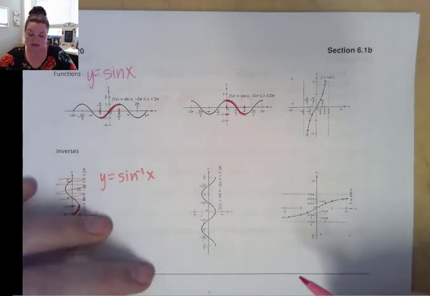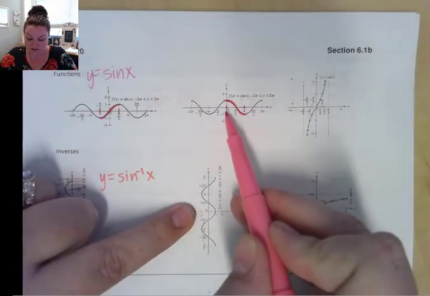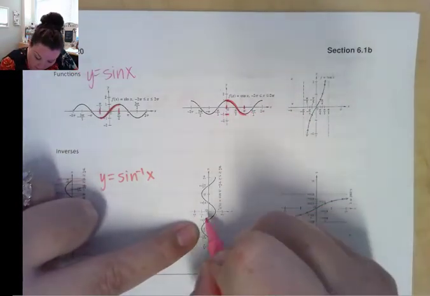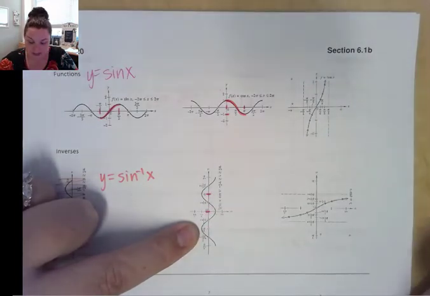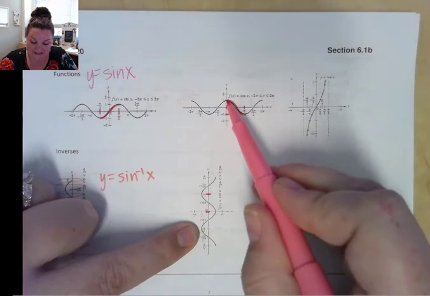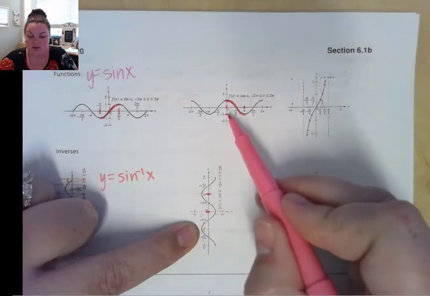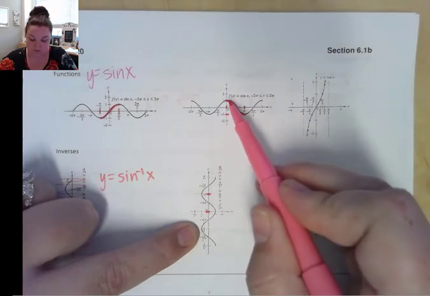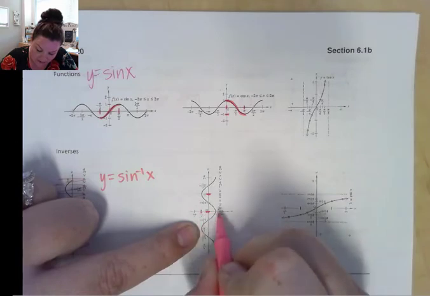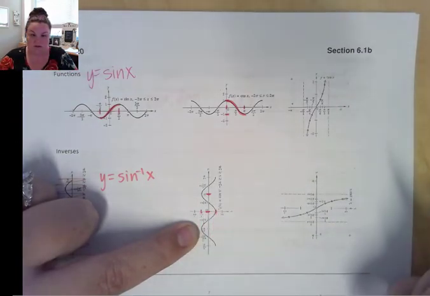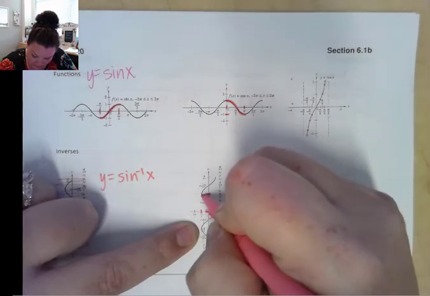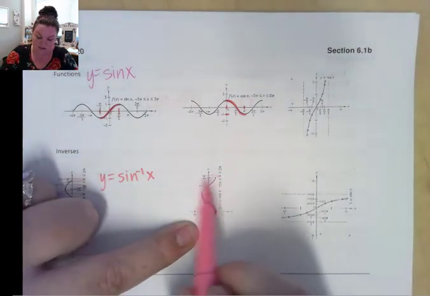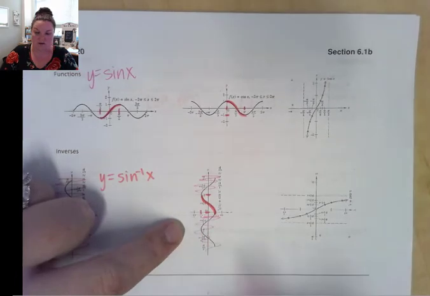When we invert that, instead of our x's going from 0 to pi, now our y's are going to go from 0 to pi. And instead of our y's going from negative 1 up to 1, now our x's go from negative 1 to 1, right? So we end up with just this little piece right here. Again, we don't need all this, and we don't need all this.